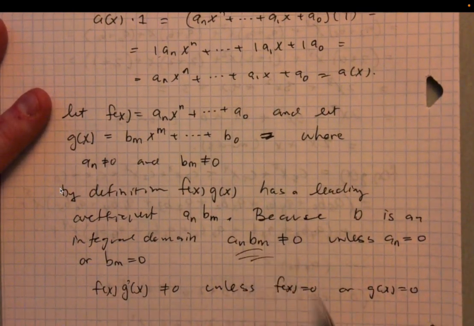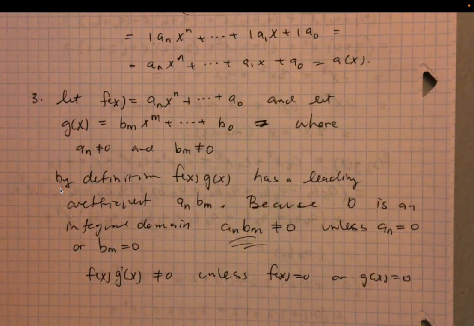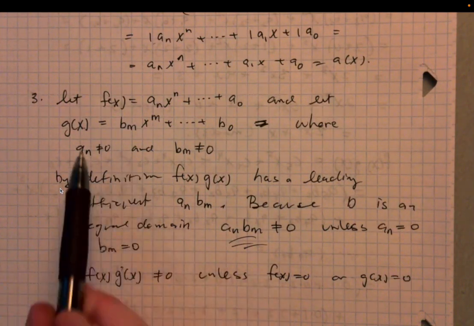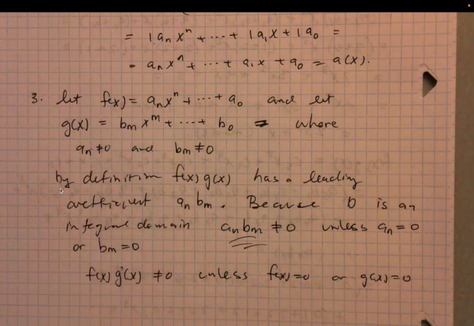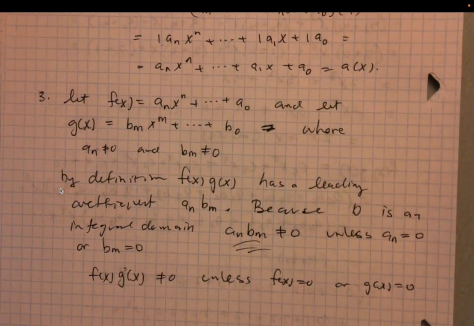Because of this leading coefficient, it picks it up there. That leading coefficient, when we assume that they're non-zero, forces the whole polynomial to be non-zero, right? So that's how that works. Okay, so that's just an example of how the ring property gets extended and picked up by the polynomial over the ring.